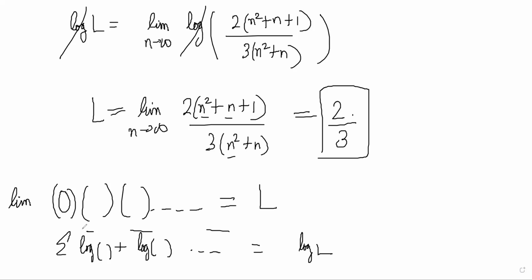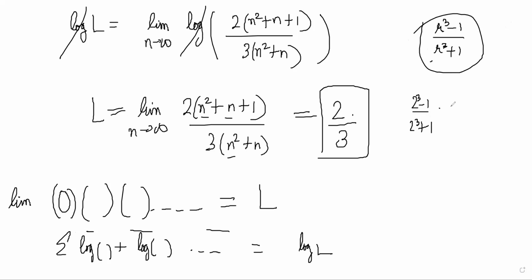Now when you separate it out, I separated it out by using the identities for R cube minus 1 and R cube plus 1. You could have not split it and directly done it also, but maybe the pattern would not have been obvious. If I directly did it, it was 2 cube minus 1 by 2 cube plus 1, 3 cube minus 1 by 3 cube plus 1 and 4 cube minus 1 by 4 cube plus 1. Are the values matching at some stage?